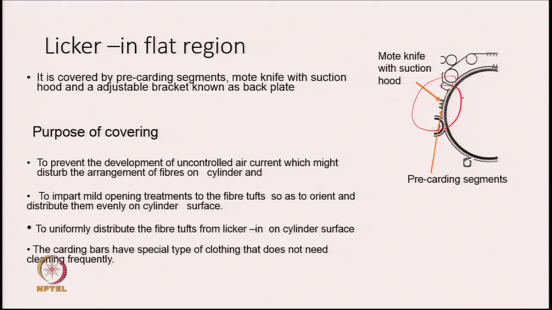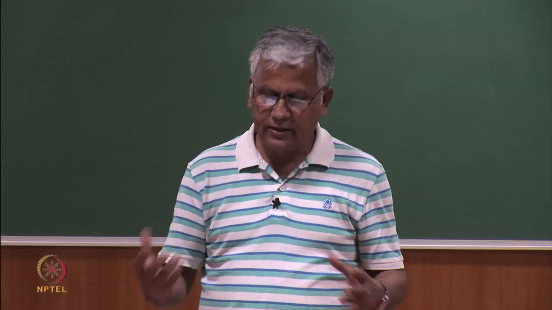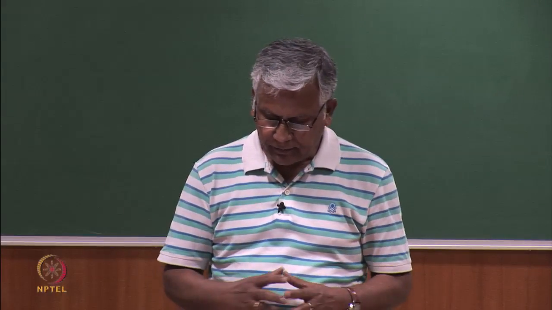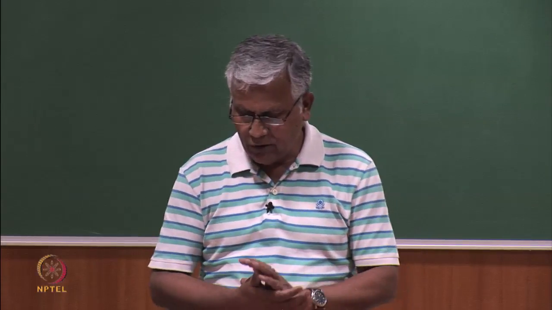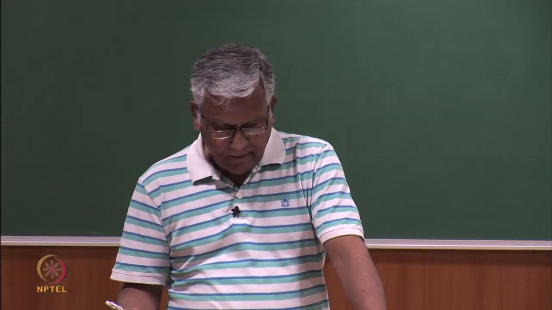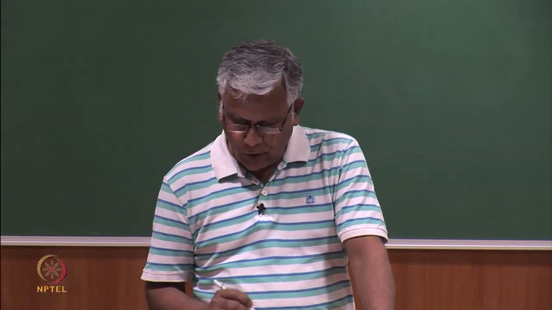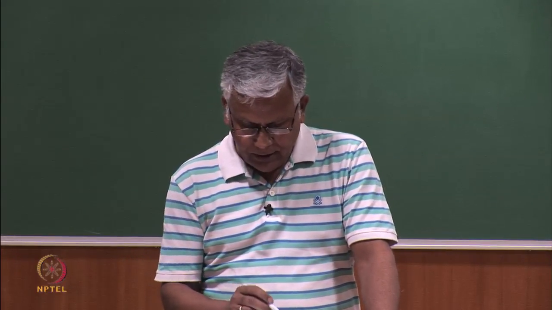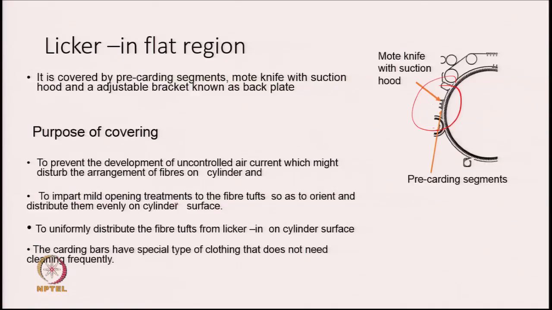Now, the tufts which are laid on the cylinder surface are of varying size and they may be distributed non-uniformly on the surface of the cylinder. Therefore, what we need is to give a mild opening treatment to the tufts and to orient them and distribute them evenly on the cylinder surface.